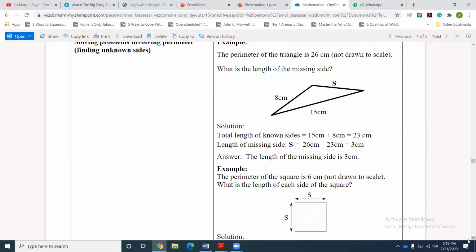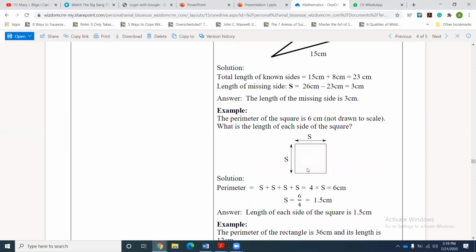But what happens is that sometimes we forget the formula, and sometimes we are not reading carefully. They will not ask it that way. Very few times they will say, what is the perimeter? Or what is the length? They tend to ask you certain things.